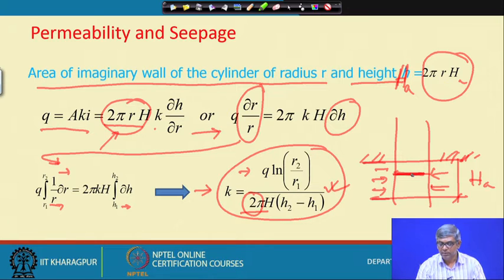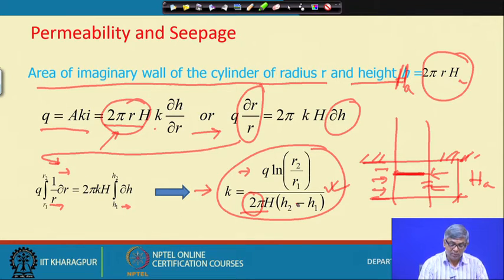If the water level comes down here, then you have to use a different equation, because the water entering through this will no longer be 2 pi r into h. So, for that a different formulation is there, but I am not going into that.